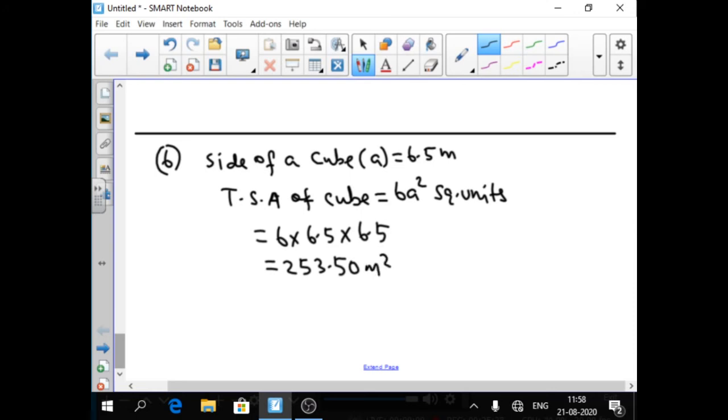So cost of painting 1 meter squared is equal to rupees 24.